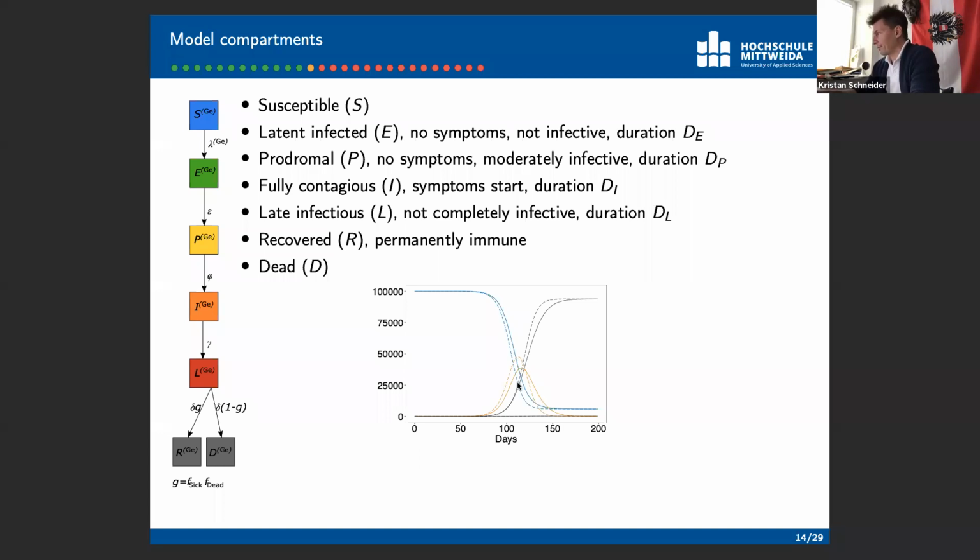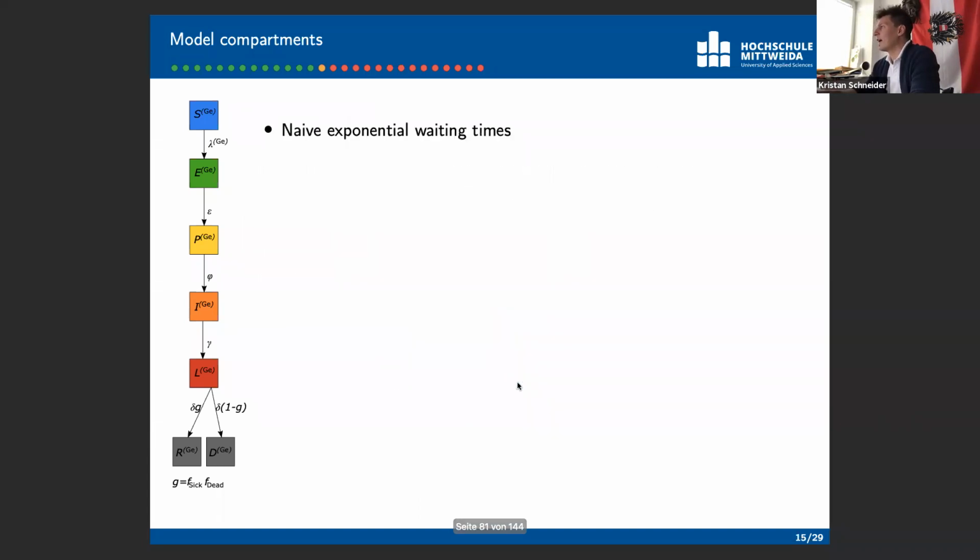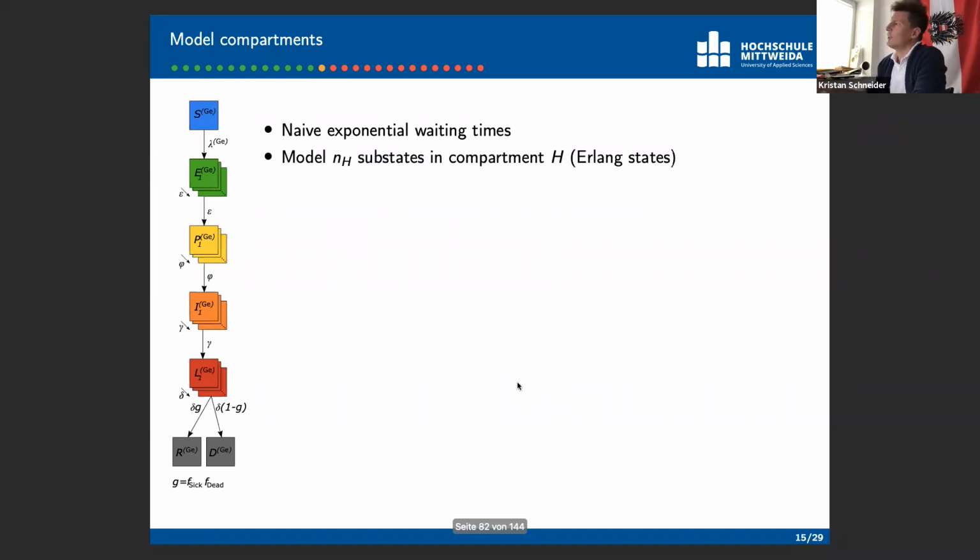Now, how do we do that? For that, we use a simple modeling trick. We multiply all these stages into different substages. So now you don't have one latent state, but let's say little n states.